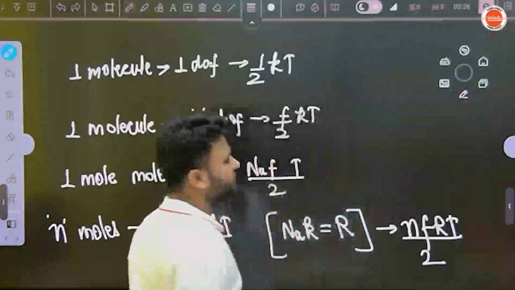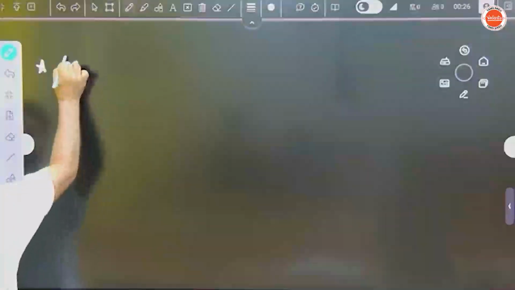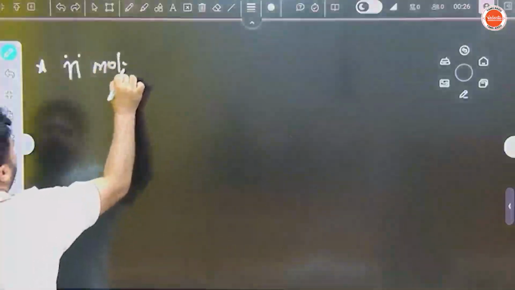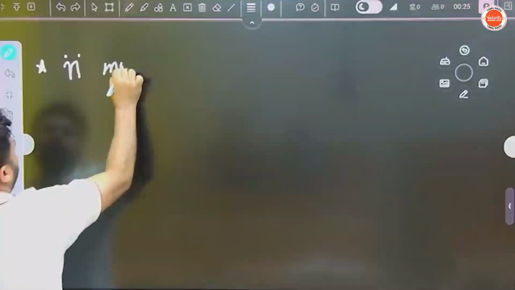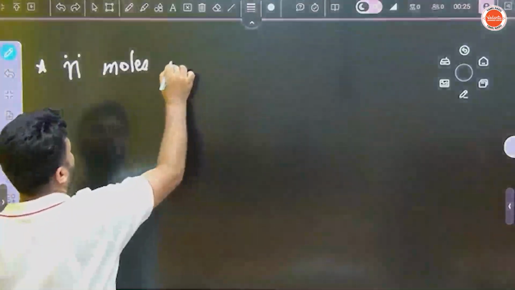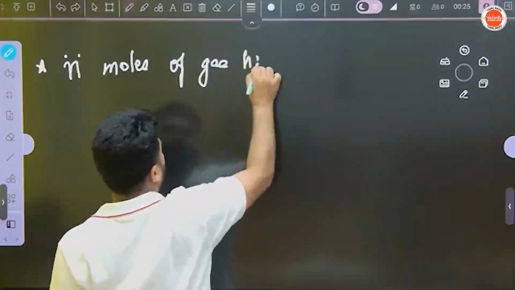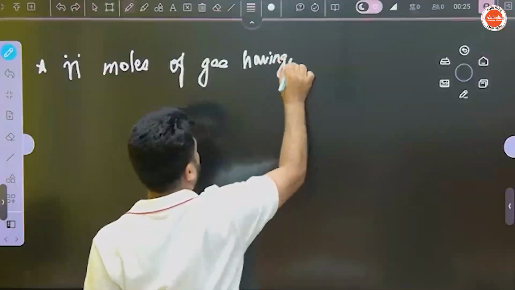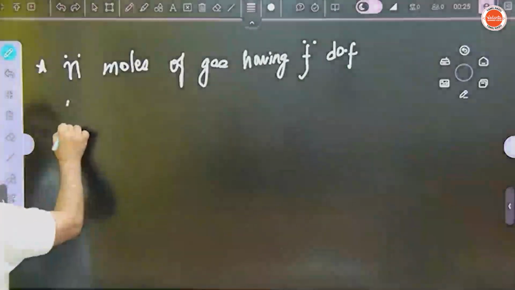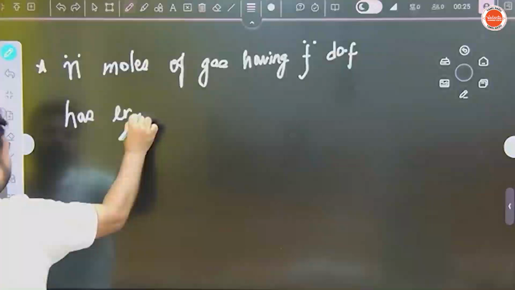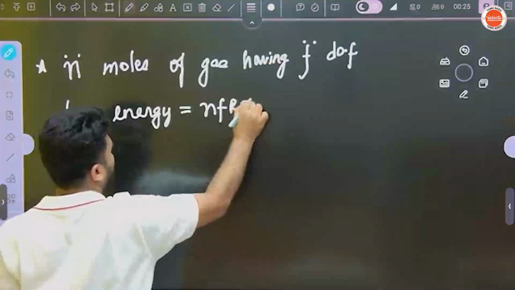This is important. I am saying n moles of a gas having f degrees of freedom has energy equal to n f R T by 2.